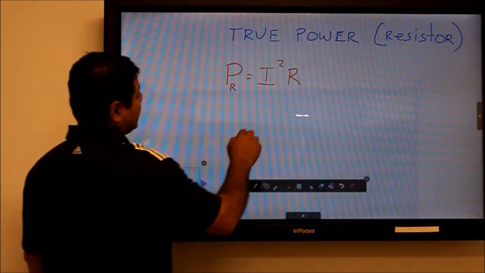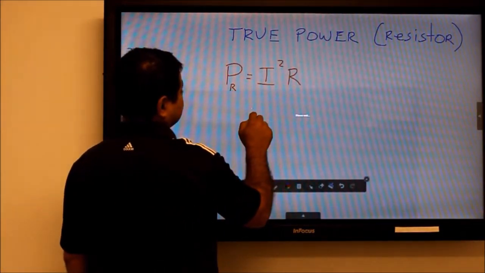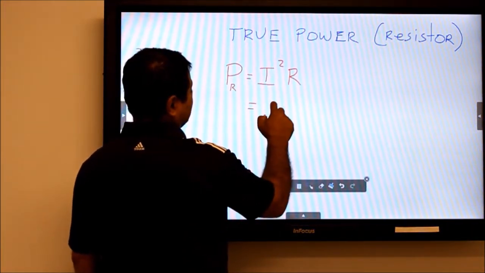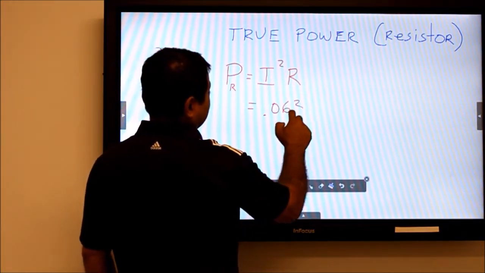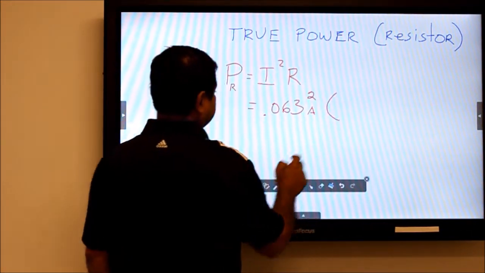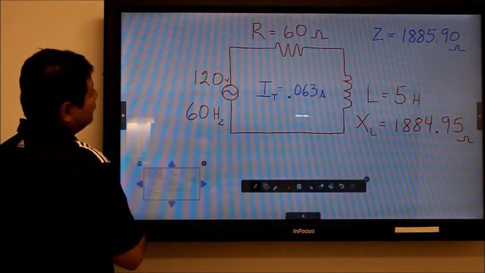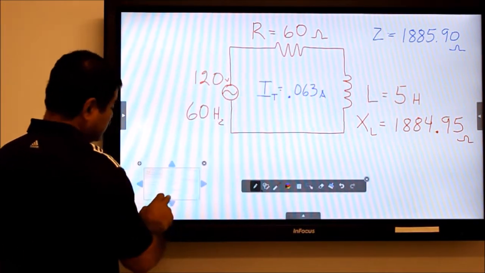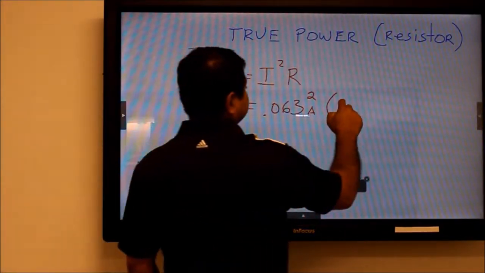So let me replace that. 0.063 amps, and we're squaring this, times the resistance of the resistor. Okay, so it's 60 ohms. So I'm going to replace that.